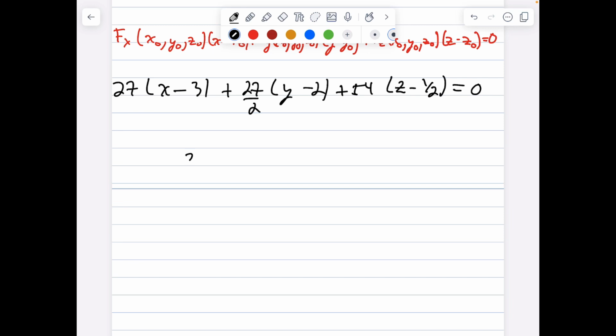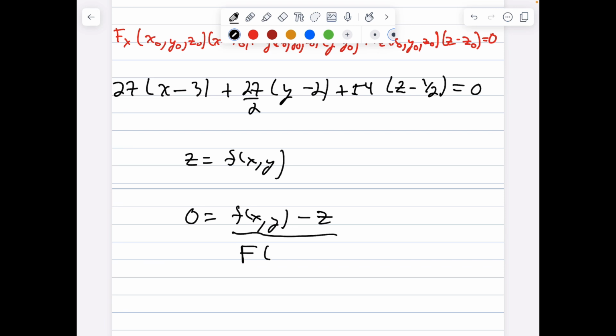So what I'm saying is that you have z equals f of x, y, and you're asked to find the equation of a tangent plane at a point (x naught, y naught). The idea here is that z itself is related to x and y. Well, this applies here as well, because you can make a level surface by taking f of x, y and subtracting z, and this would be your capital F of x, y, and z.